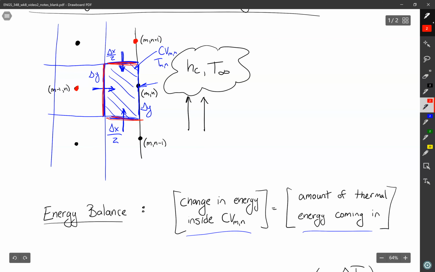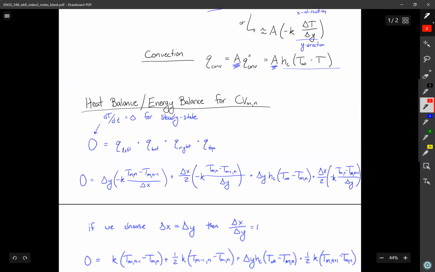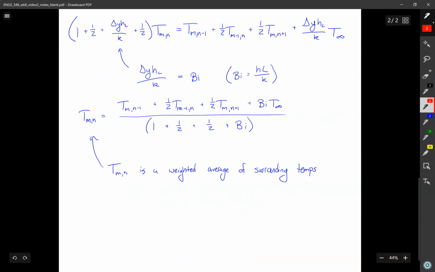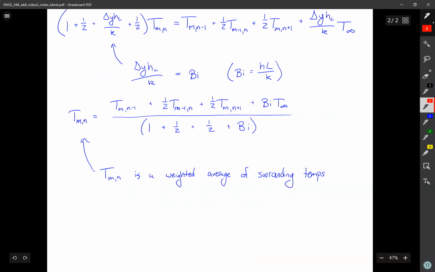This bottom temperature here is only connected by a half side length, so its weighting factor is 1/2. So that's exactly what we see. The weighting factor is 1 for the left side, and it's 1/2 for both the top and the bottom temperatures.